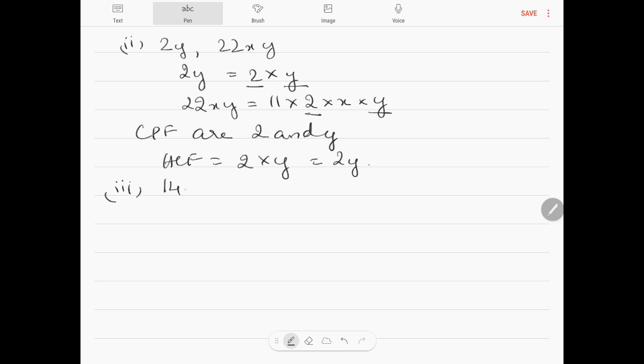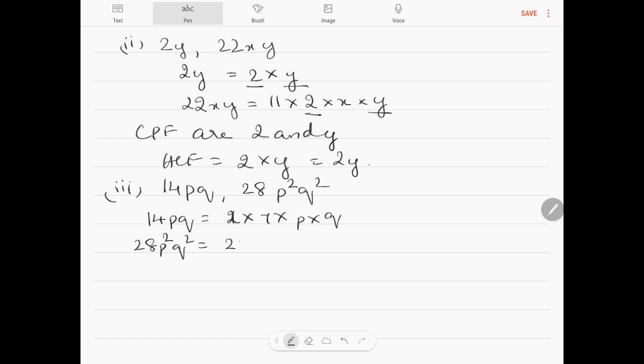Problem number 3: 14pq, 28p square q square. 14pq is 2 into 7 into p into q. 28p square q square is 2 into 7 into p into q into q.